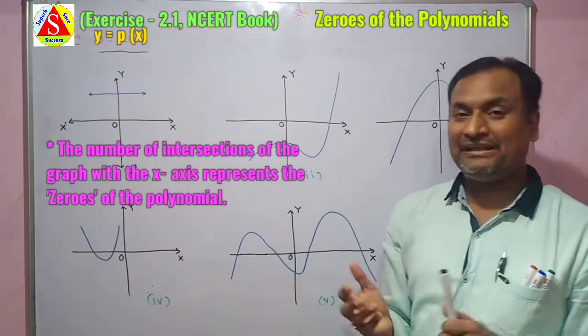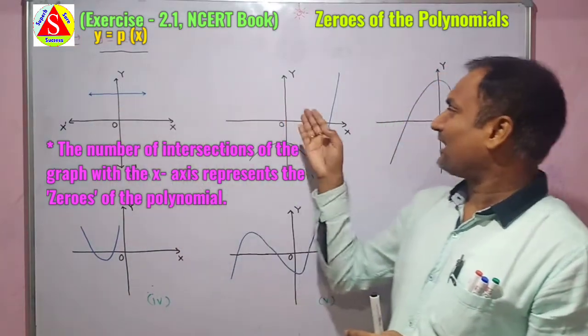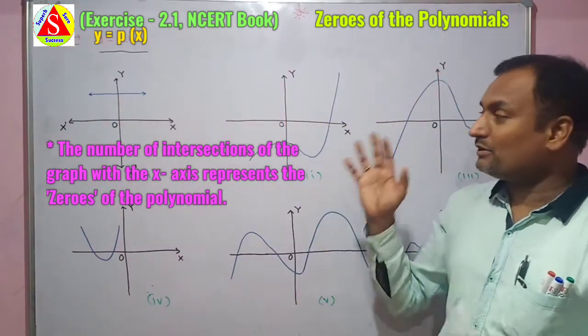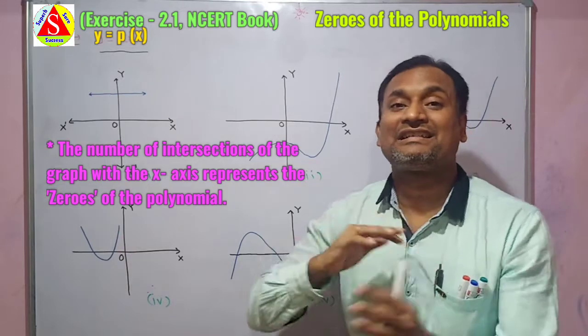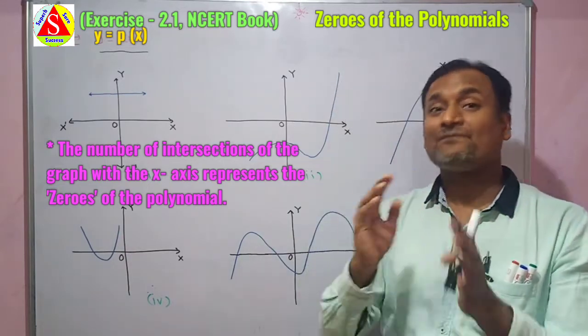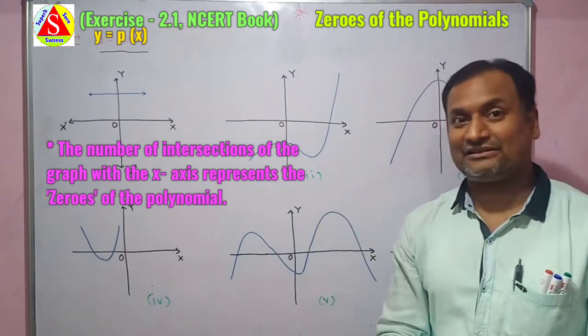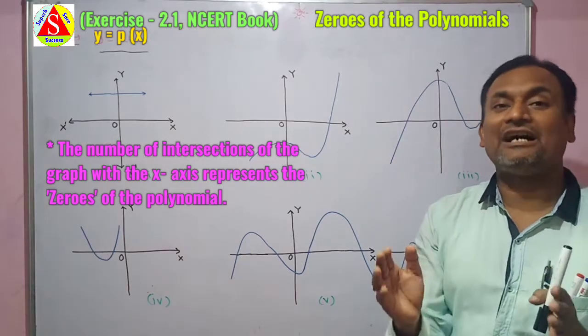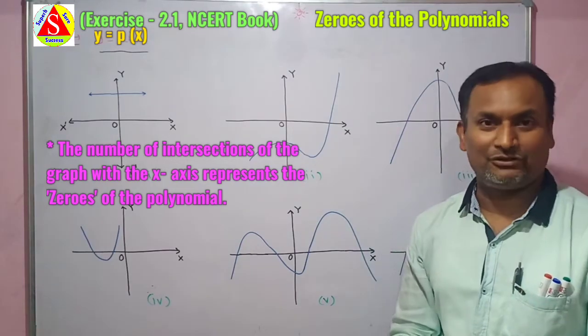It means the graph which is given, dear students, we will count the intersection points of that graph with the x-axis, so that will be the zeros of the polynomial.